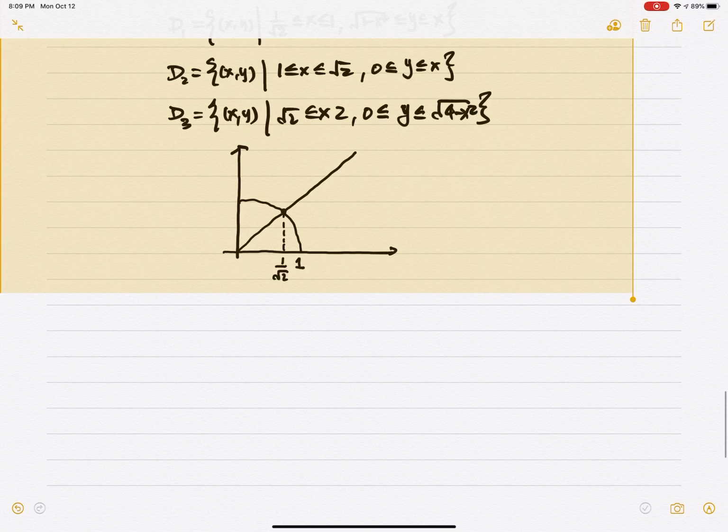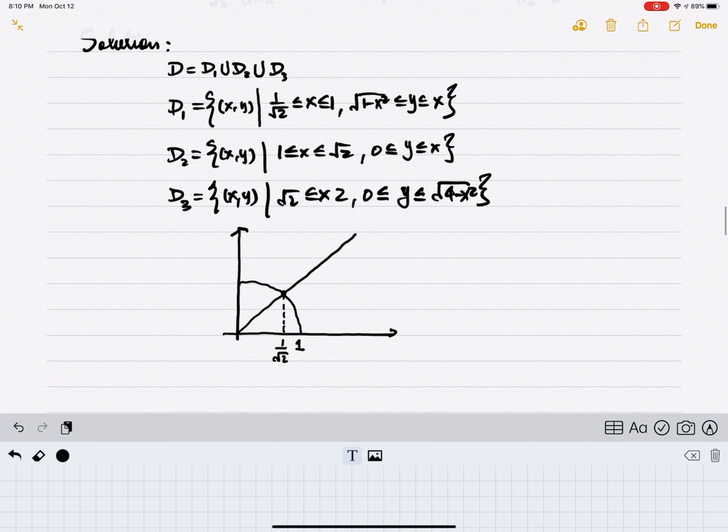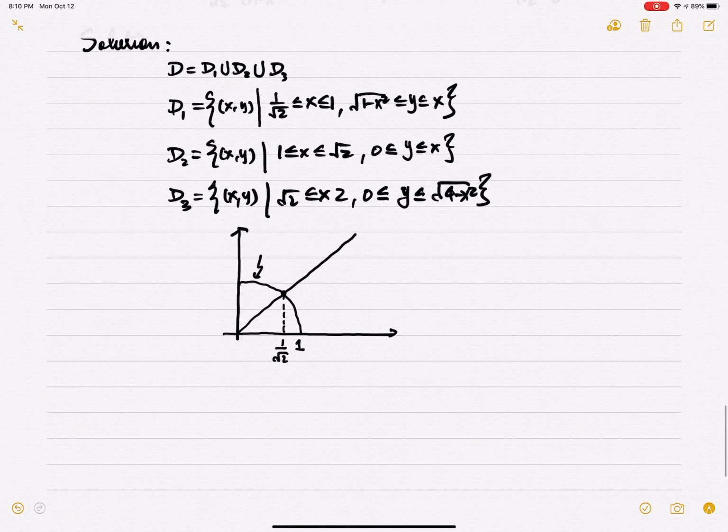Now, when x changes from 1 over root 2 to 1, and y changes from y equal to root 1 minus x squared to y equal to x, that's exactly this part.